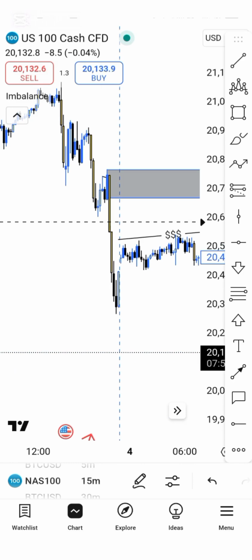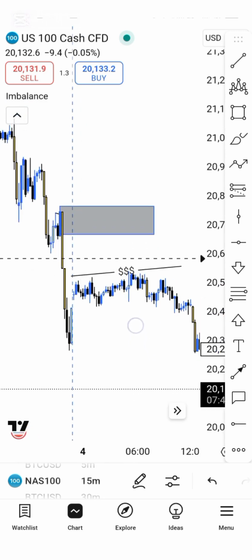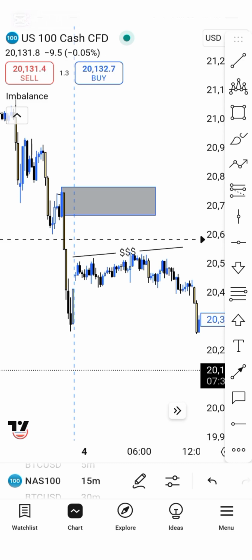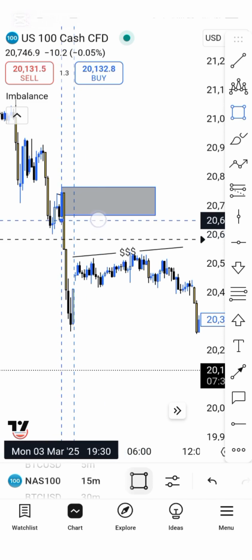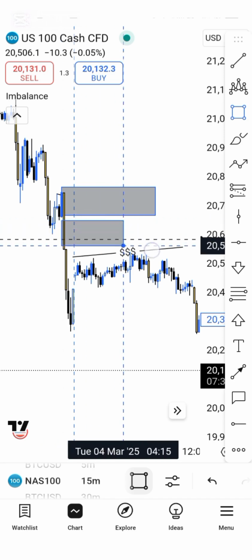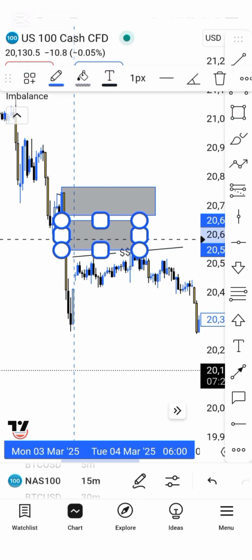So, and the last but not the least is S and R level. What is an S and R level? That is support and resistance level. You understand? So now you can see where we plot our order block here. If you look at the chart and look out for that level, you see that the level has once acted as a resistance, also acted as a support level.